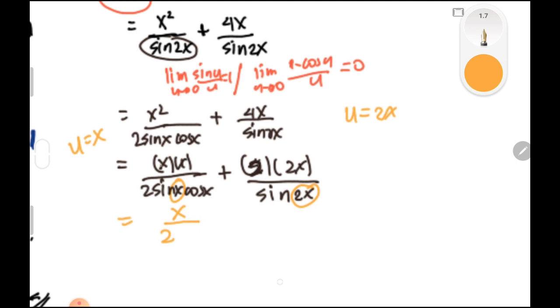So take note that this can be rewritten into, x can be rewritten into 1 all over 1 over x. Right? Okay, so therefore we will write it as 2 sine x cosine x divided by 1 over x.